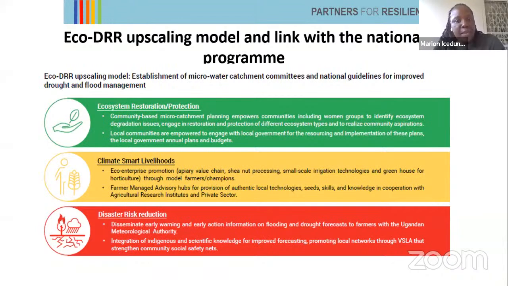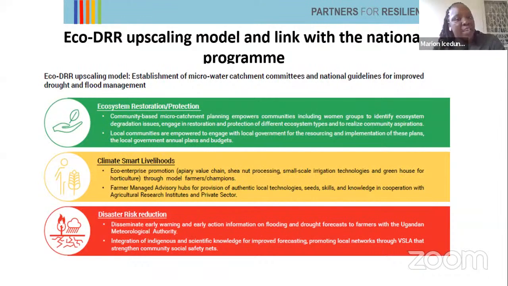So as we were implementing the project, we identified some gaps in the approach, one of which was the weakness in the coordination of the micro-catchment structures, but secondly, the national planning guidelines for catchment management had limited focus on drought and flood management.